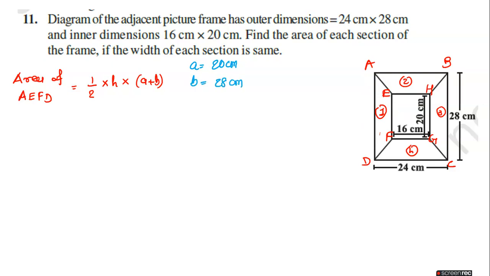If this data is interchanged with A and B, because any side you can call A, any side you can call B, then also there is no problem. Now, what is H here actually? H, how we will find? See, this is our H. This length, how we can find?